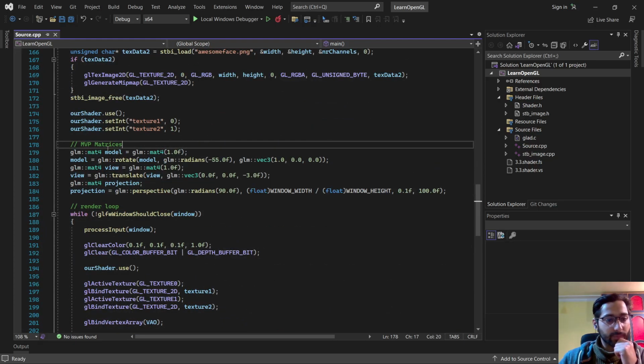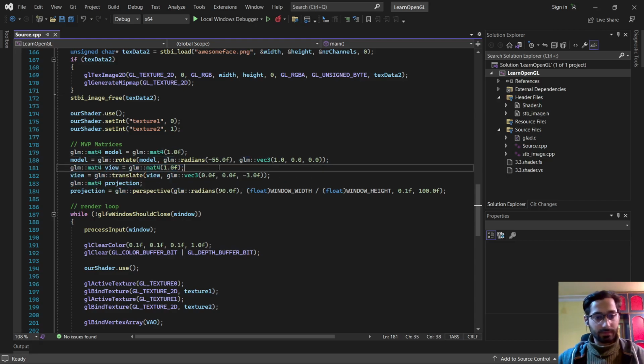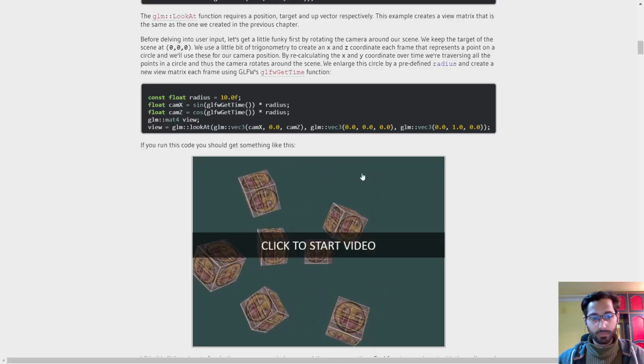These are the MVP matrices. We are right now dealing with the view matrix. Here we are creating it directly, but now what we want to do is create it through lookAt.